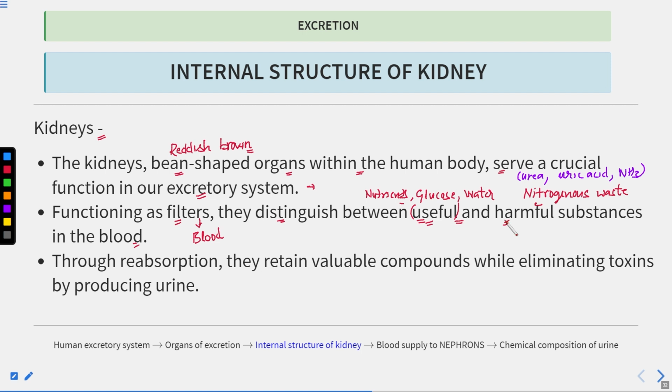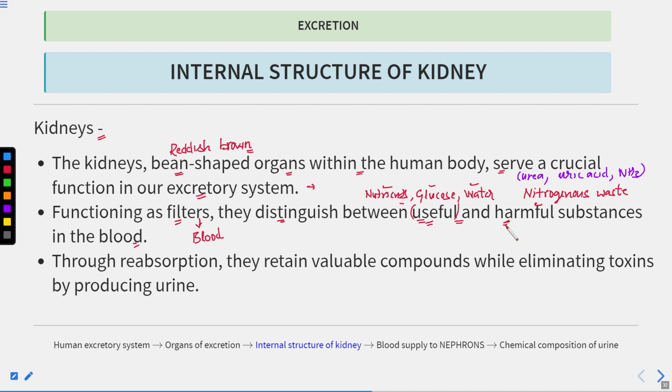What happens initially? The blood enters the kidney and it is filtered, and the useful substances such as nutrients, glucose molecules, and water are reabsorbed into the blood.